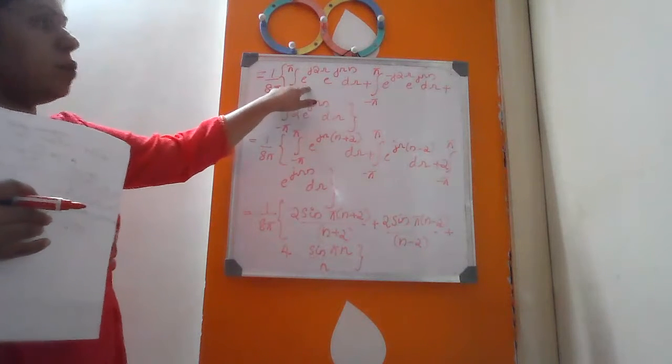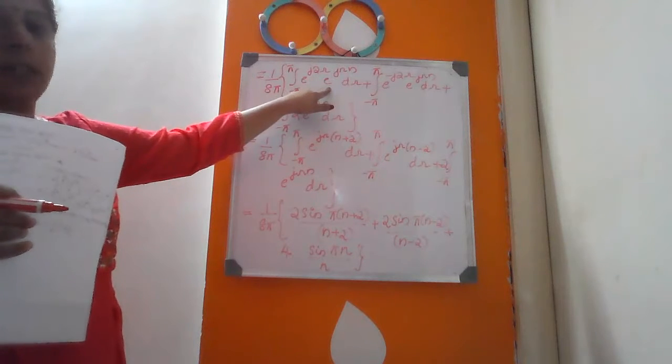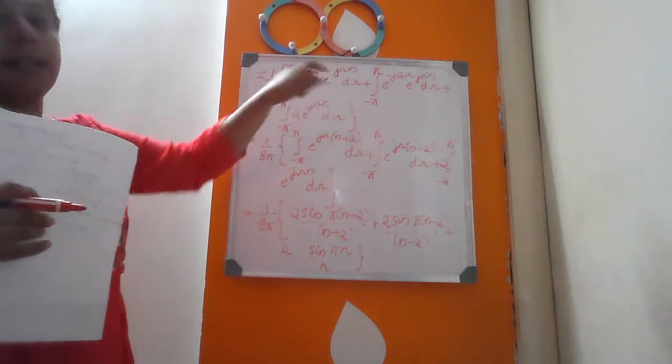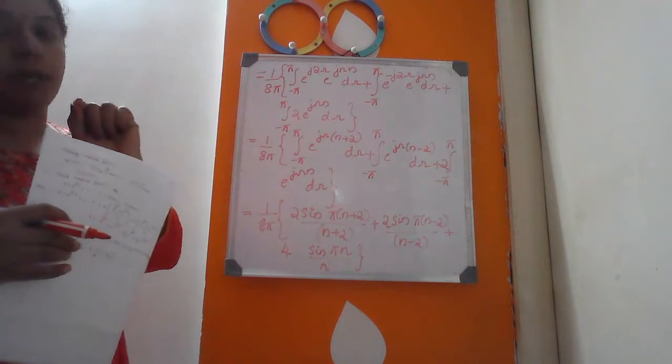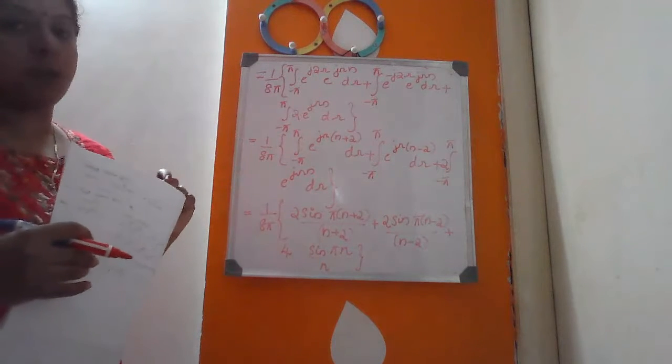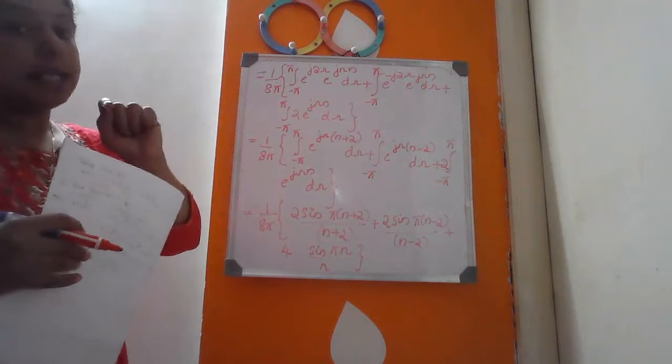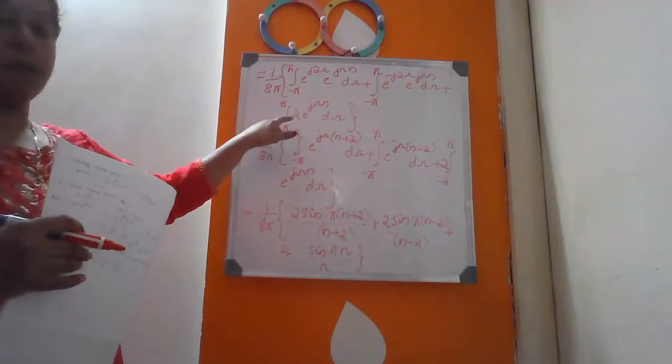That is a square multiplied with e power j omega n. Another term is b square, e power minus j2 omega, multiplied with e power j omega n d omega, plus 2ab, where I am getting only 2.